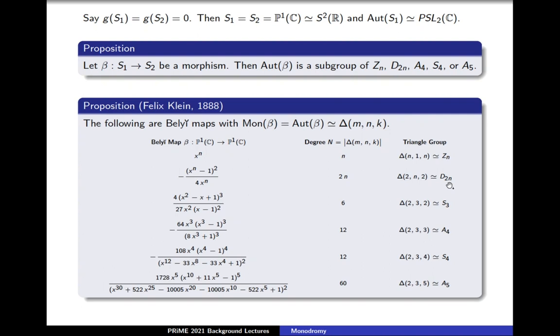For an example, giving our monodromy group the dihedral group of order 2n, we could take this Belyi map. Also, we can do examples for S3, A4, S4, and A5. So in the exercises, we saw all of these isomorphisms as parts of problems. But in this theorem, we see an example of a Belyi map in each case such that the monodromy group is this triangle group.